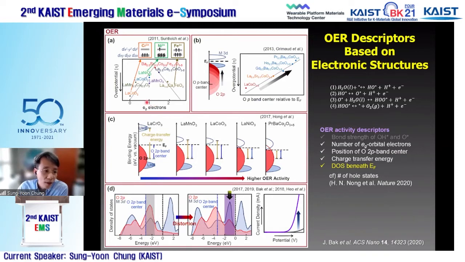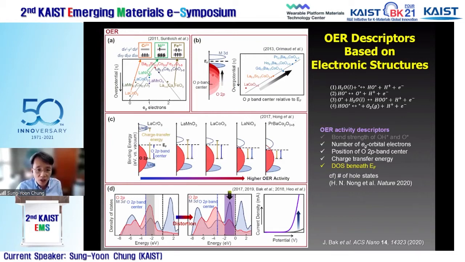With fewer than 1 electron, the bonding state is too low, so there is weak bonding between the OH and the M site. That is too weak a bond versus a strong bond, so the intermediate bonding state is the best. Second, in 2013, the oxygen 2p band model was suggested.